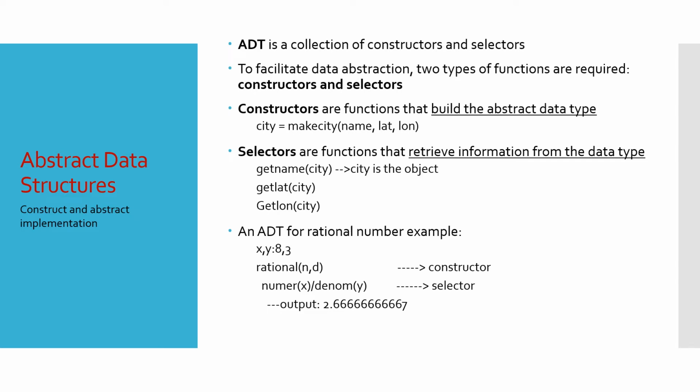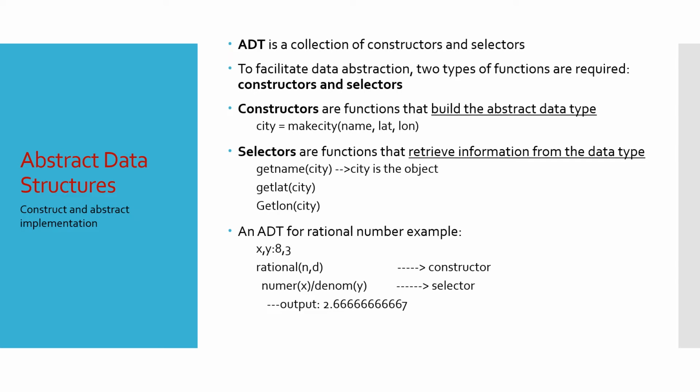So an example here is, okay, you have declared a city equal to make a city of name, comma, latitude and longitude. This helps to build the structure of the data itself. Once you have defined this, then it is easy to get the data. So in order to get the data, that's where you use selector commands.